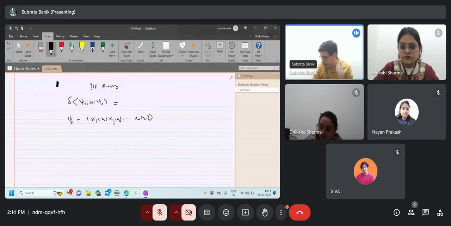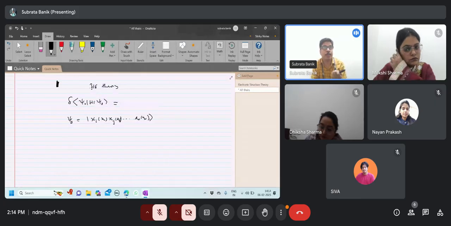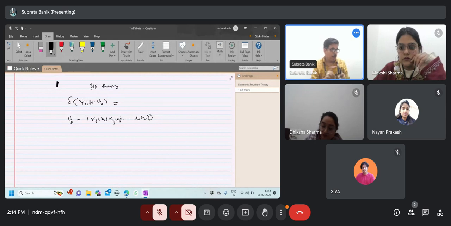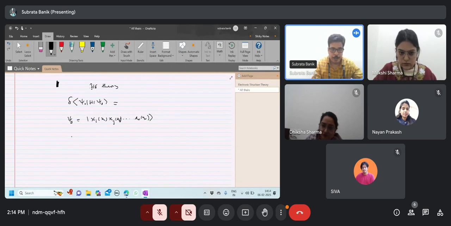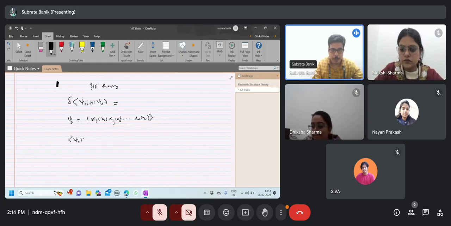This is the way we write. When you write this, basically this is a determinant. Only the diagonal elements are written, right? Okay, so this we have done already. This value before optimization we have derived.